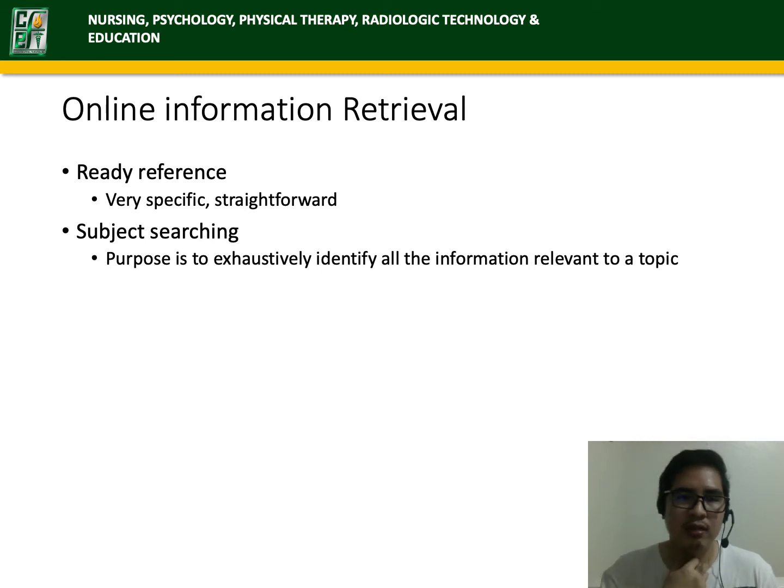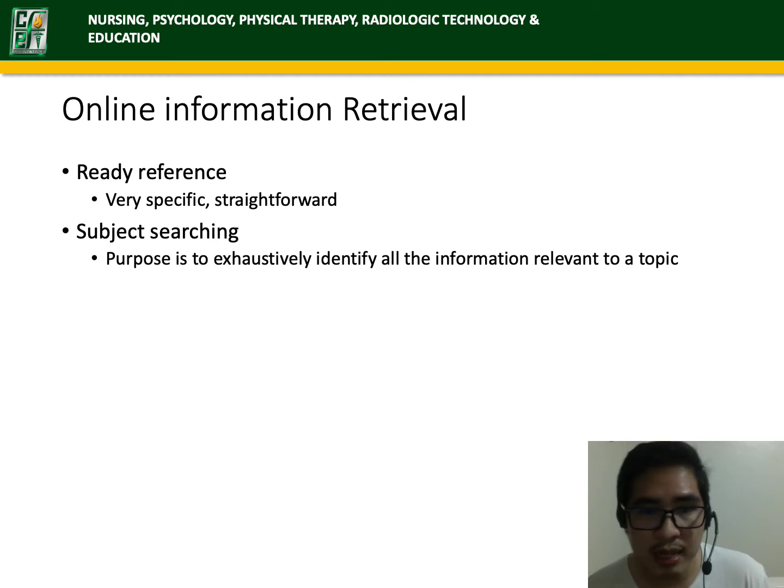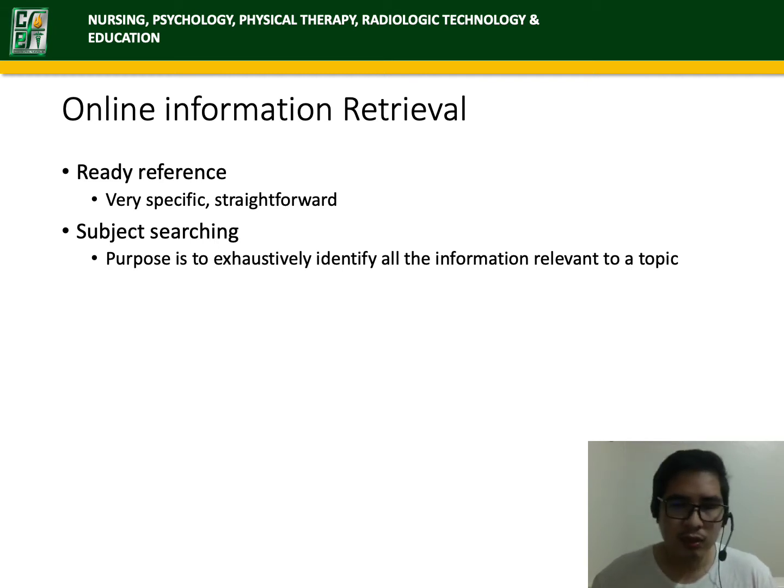You have the ready references, which is very specific and very straightforward. This is basically basing your literature review on the domain or the discipline where it belongs. For example, my study is focused on nursing education.